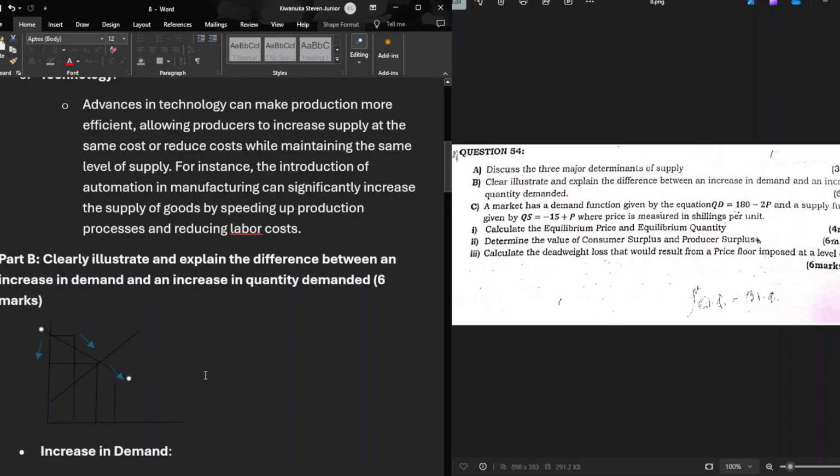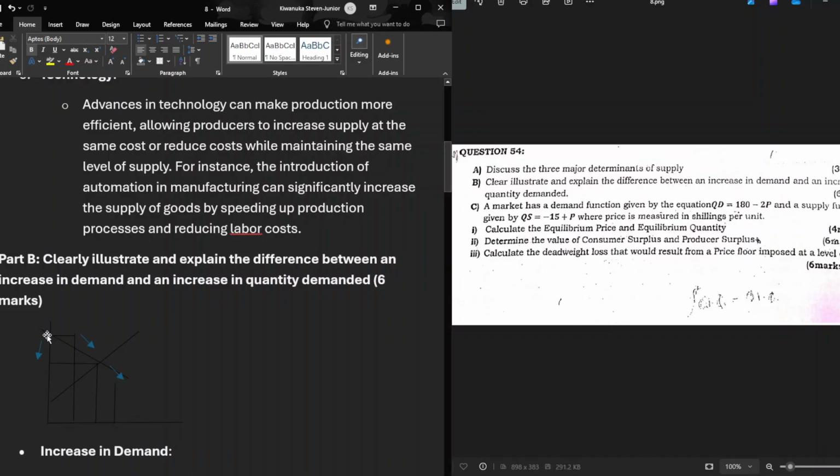So we are saying it is the area above the equilibrium price, which is here, but below the demand curve. So we calculate the area of this triangle you are seeing here. I wish I could shade it.